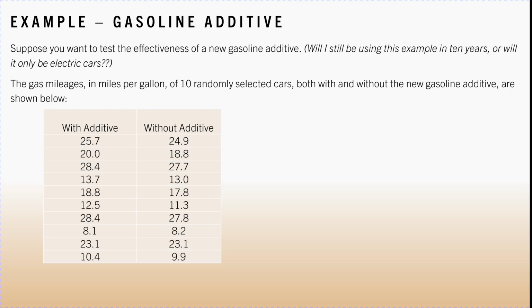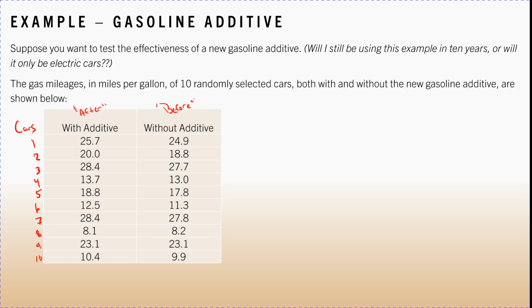The first thing you have to ask yourself is: are these independent samples or are they paired? Well, you have 10 cars: car 1, car 2, 3, 4, car 5, 6, 7, 8, 9, and 10. You have two values assigned to each of those cars: a before, without the additive, and an after, when you use the additive.